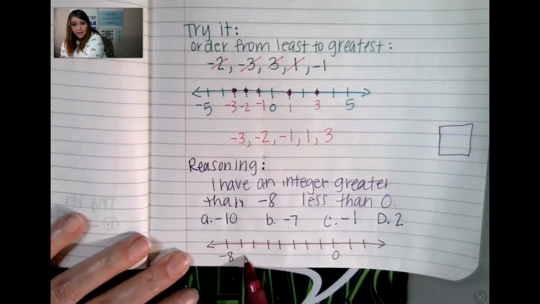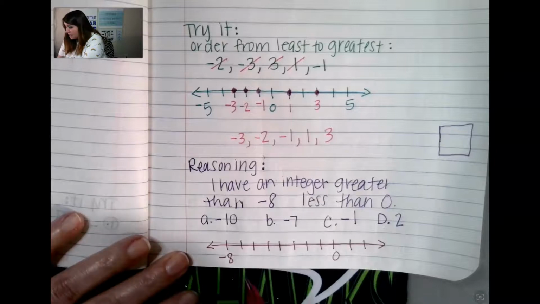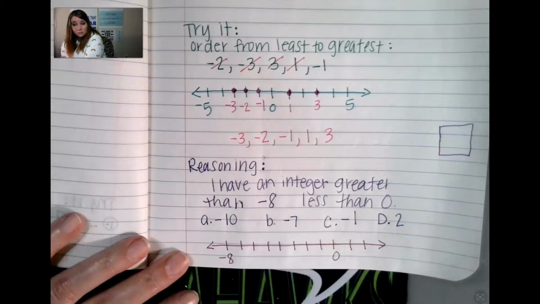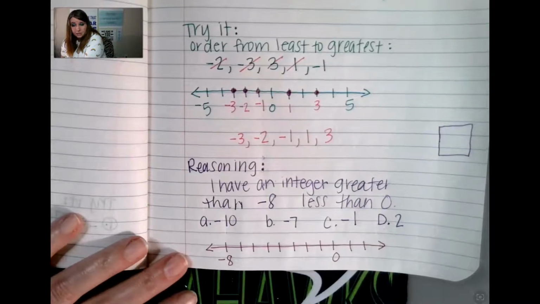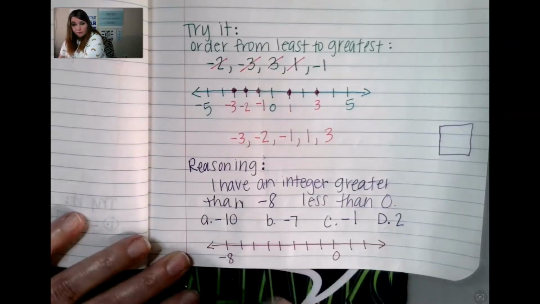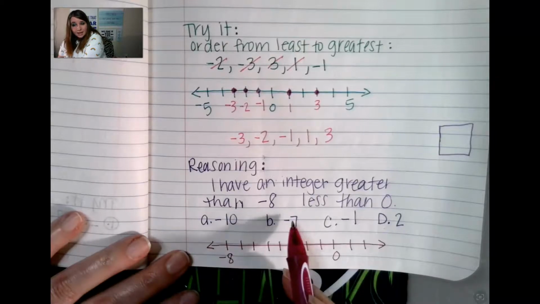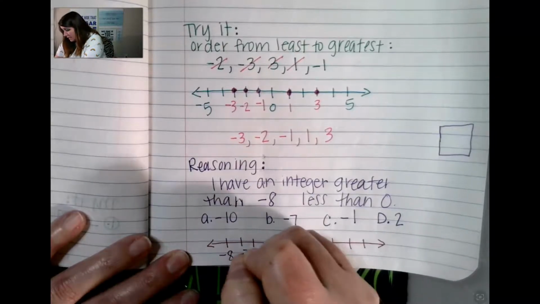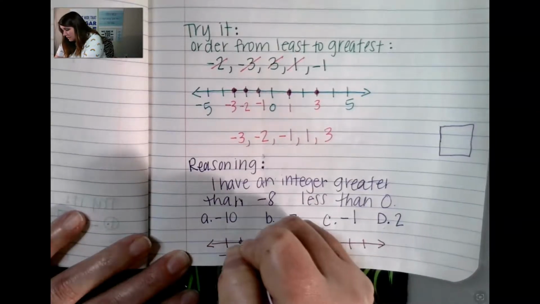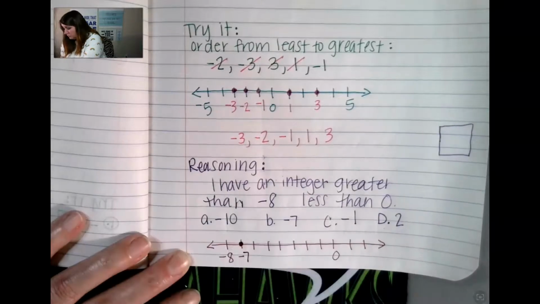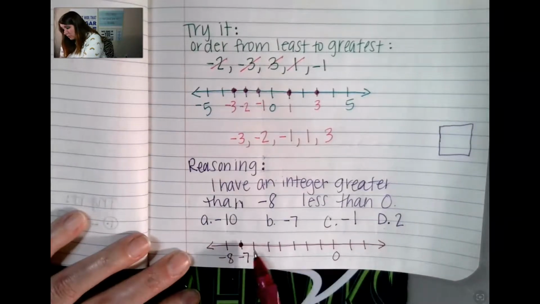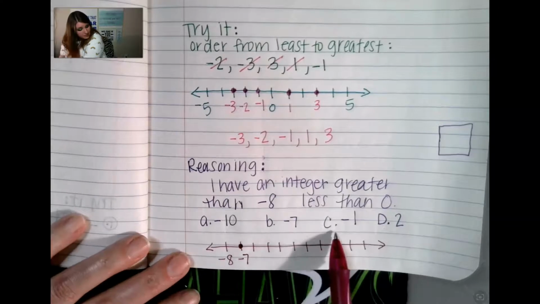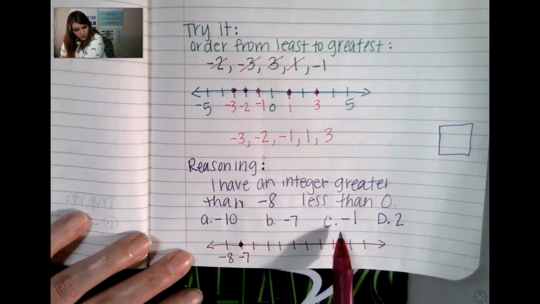And bigger than -8 means going towards 0. So this one can't work because -10 is smaller than -8. It keeps going away from 0. -7 is right here. So -7 is here. So that one's a possibility. And C says -1.